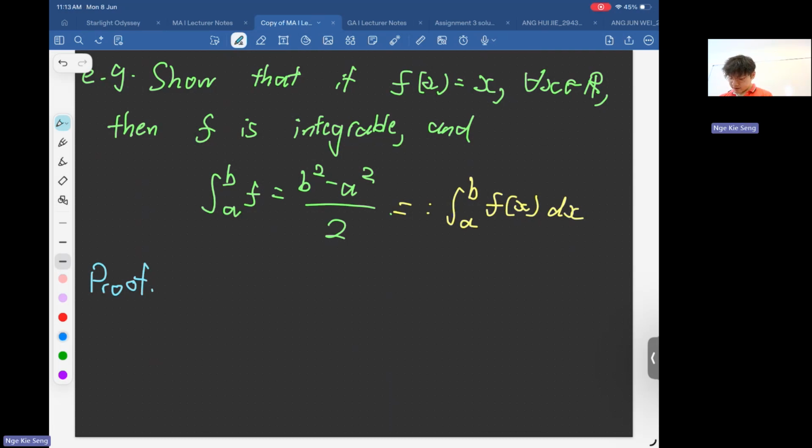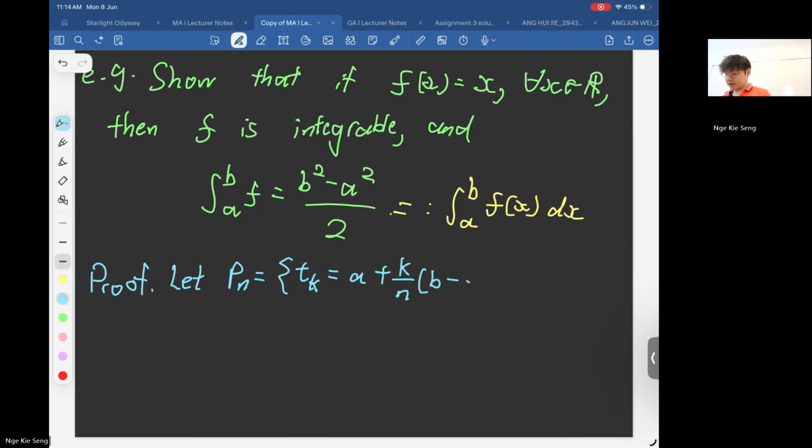Well, the sequence we are testing here is not a very weird one. It's the one you see from your Riemann sum, I guess. It's just equally partitioned. Equally spaced partition, meaning you have sub-intervals with the same length.